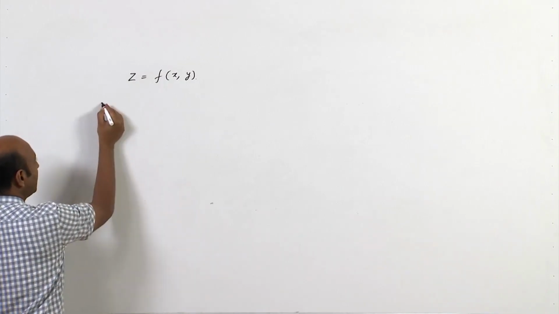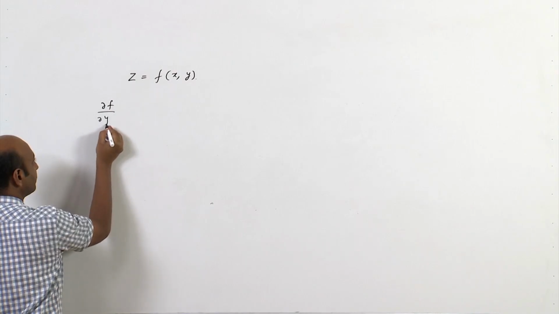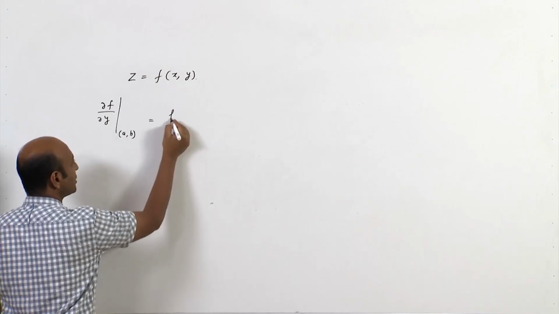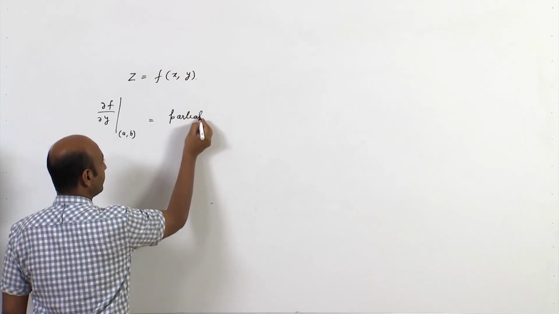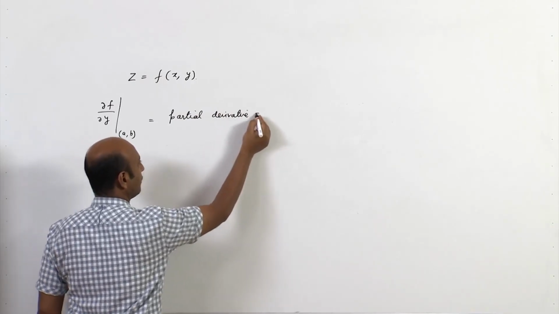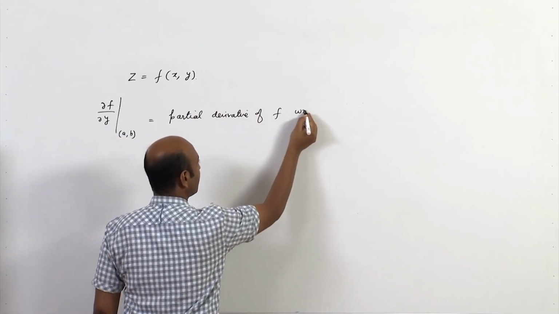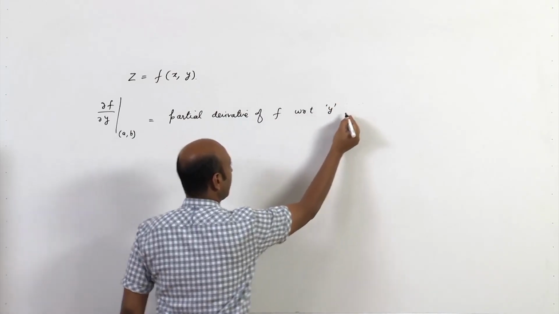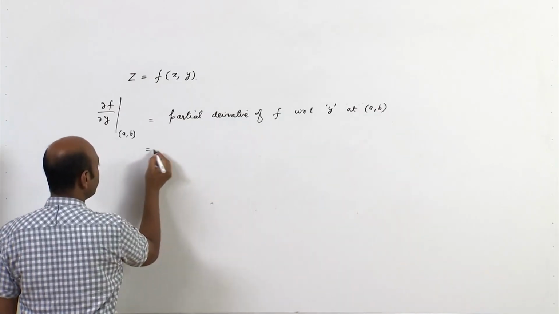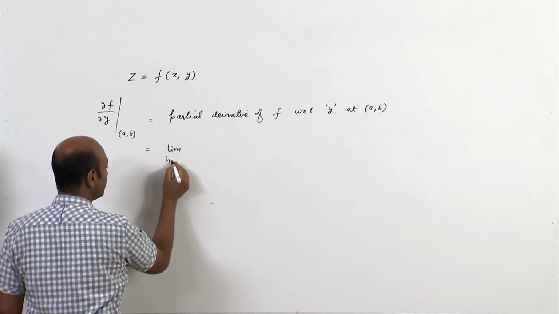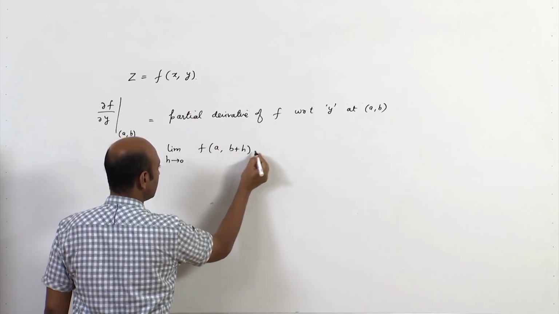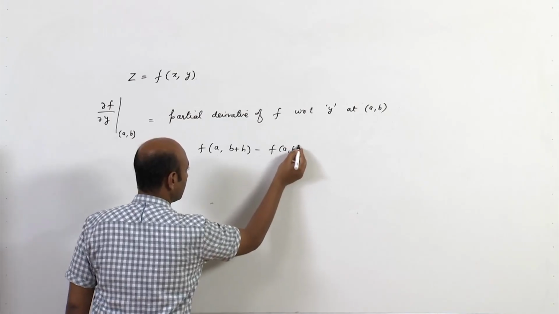Now, del f upon del y at (a, b), which is the partial derivative of f with respect to the variable y at (a, b), is simply limit h tending to 0 of f(a, b plus h) minus f(a, b) upon h.